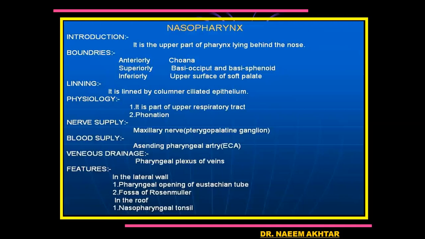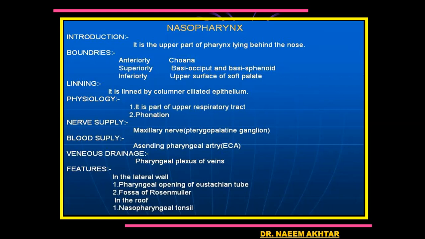First, we will discuss a brief account of anatomy of the nasopharynx. Nasopharynx is the upper part of the pharynx lying behind the nose. Anteriorly, the nasopharynx is bounded by the choana.